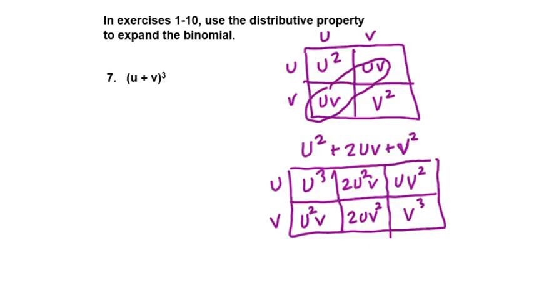And so now, combining the like terms, we combine the u squared v's, here I've circled in red, and also the uv squared, I've circled now in blue.